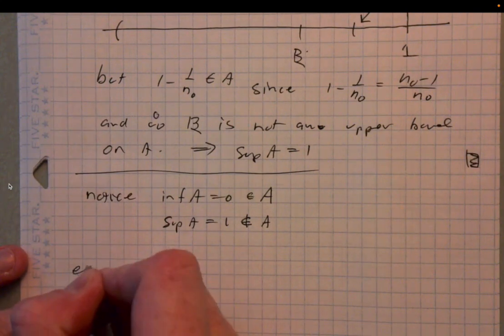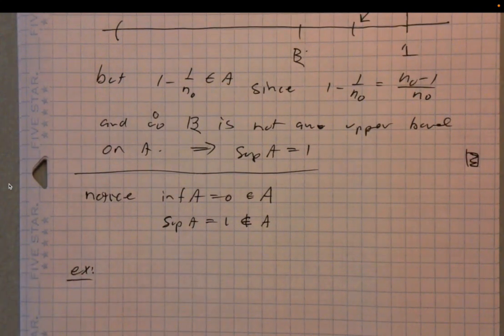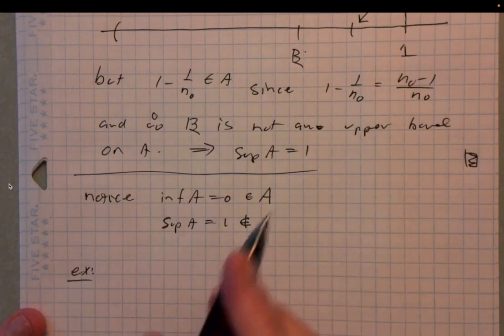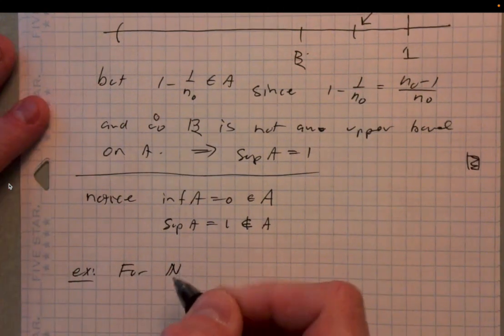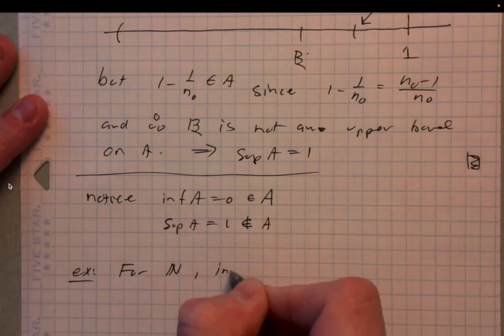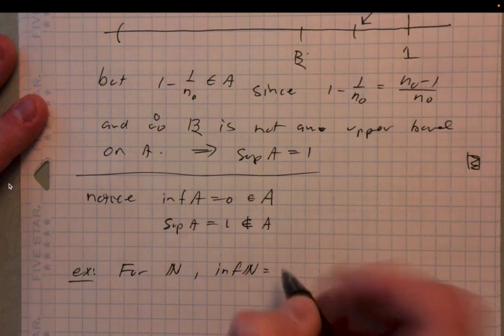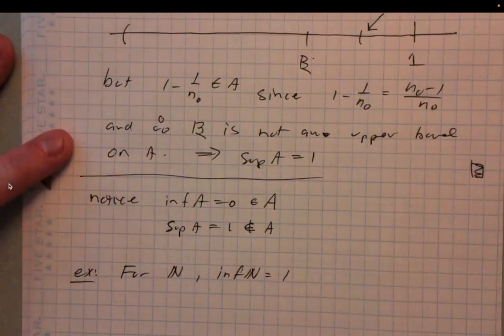Okay, some more examples here. For the natural numbers, the infimum is obviously 1.